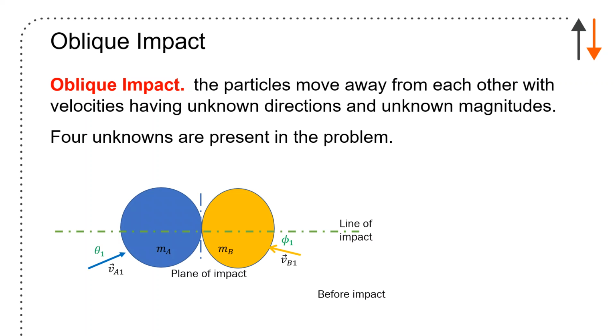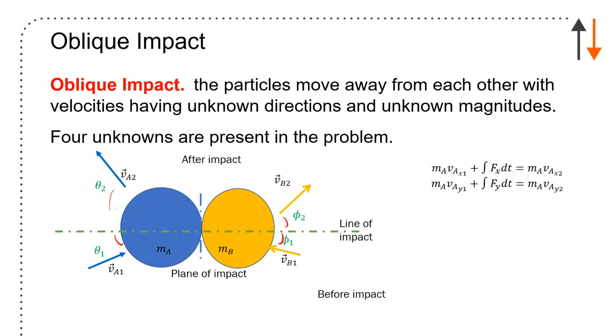They come in with one velocity, and they have a theta and a phi with respect to the horizontal. And after impact, they have a different phi and a different theta. So I have VA1, VA2, VB2, VB1, phi 1, phi 2, theta 1, theta 2, and I have the line of impact and the plane of impact in all of these cases.